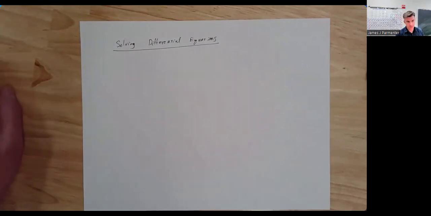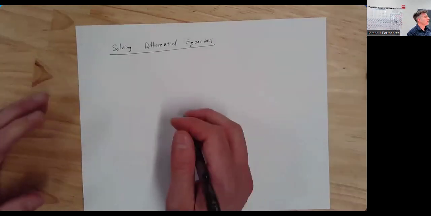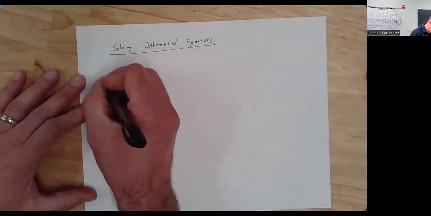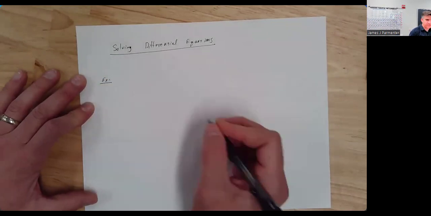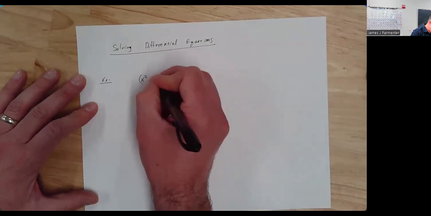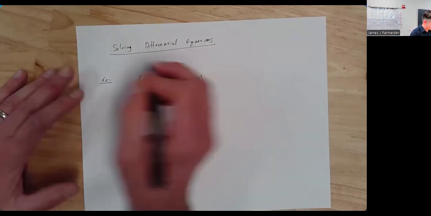We can do two examples. So, solving differential equations, the hope usually is that it's separable. For example, you have something like x squared plus 1 times y prime equal to x times y.